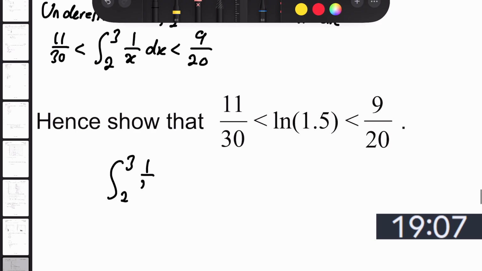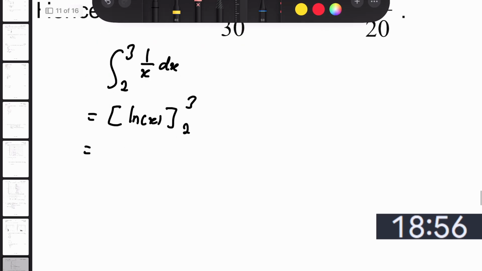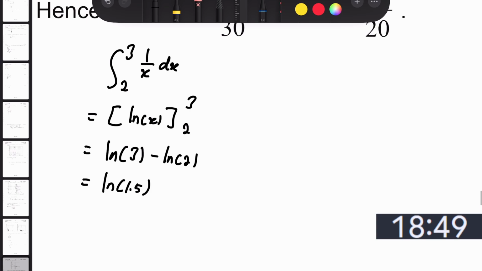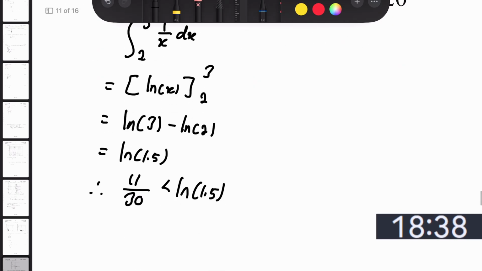The integral from 3 on 2 of 1 on x dx is equal to ln of x from 3 on 2, which is then equal to ln of 3 minus ln of 2, which is equal to ln of 1.5. Therefore, 11 on 30 is strictly less than ln of 1.5, which is less than 9 on 20.